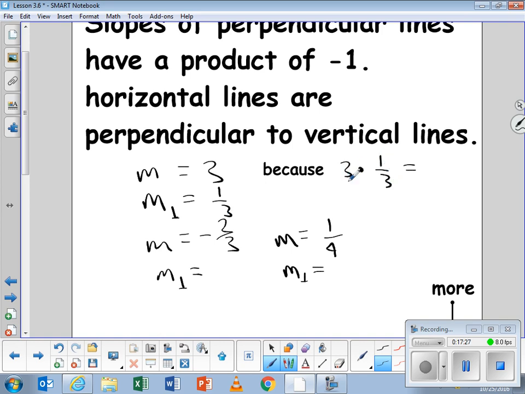Or 3/1 times 1/3 equal? 3/3, which is 1, right? And this says our product has to be -1. So we need a -1. And so if this is a +3, the other one has to be a -1/3. Okay?